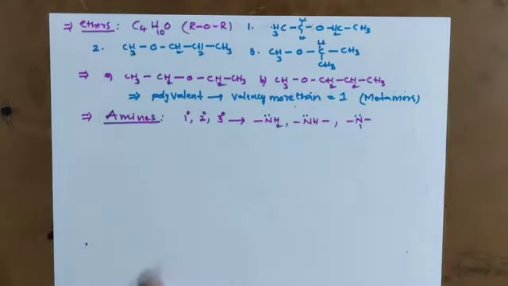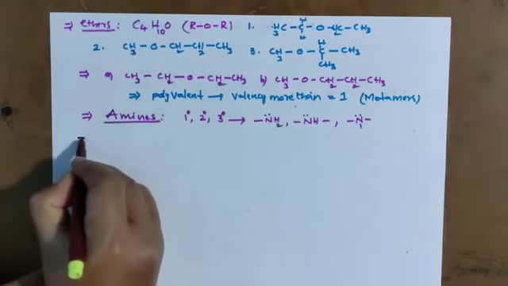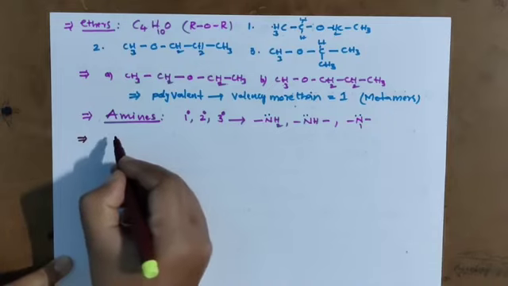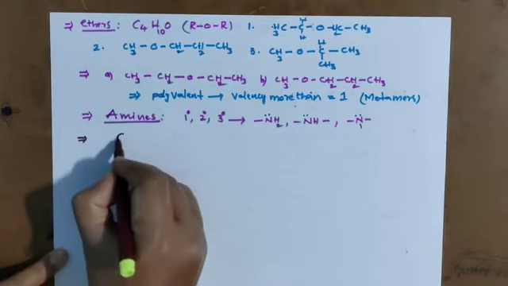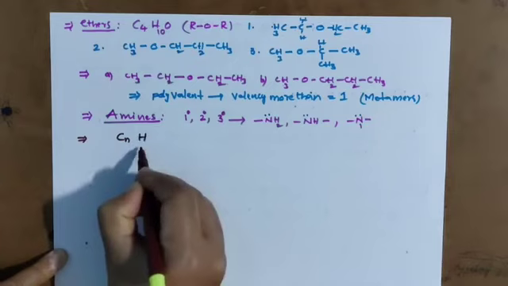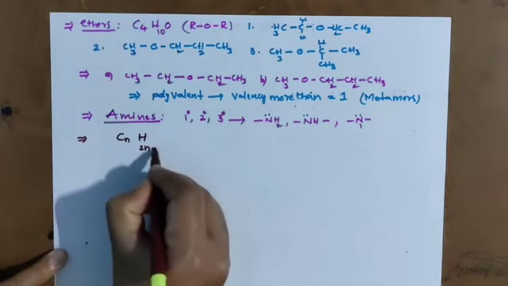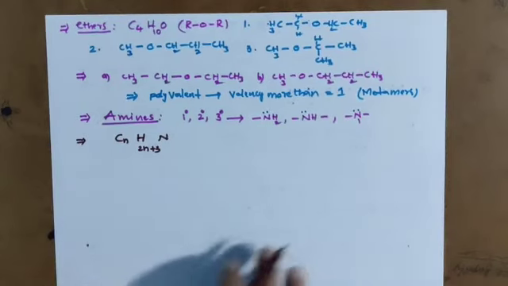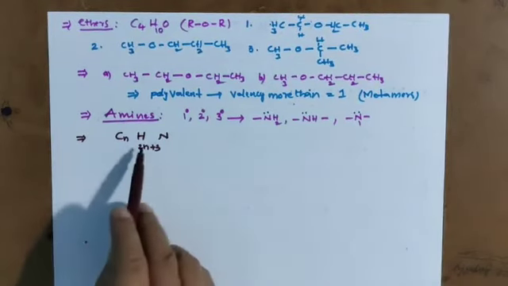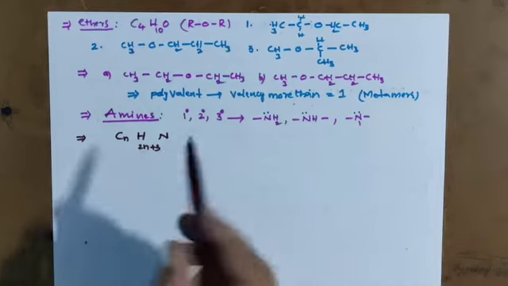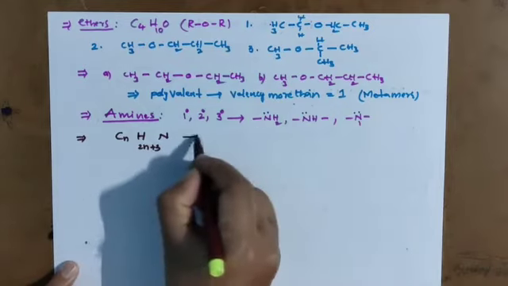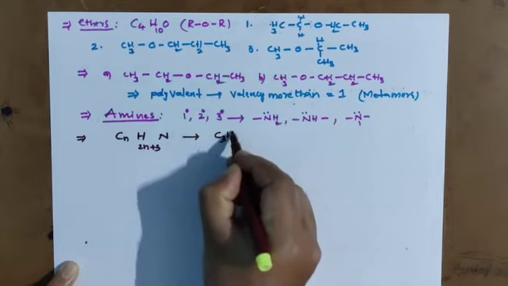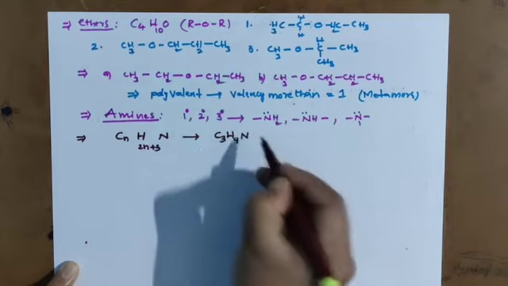Let me go for that. We have to write an example. Amines have the general formula CnH2n+3N. Remember the amine general formula CnH2n+3N. And such a compound I am taking here: C3H9N.